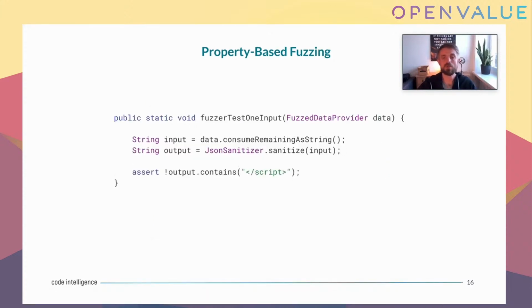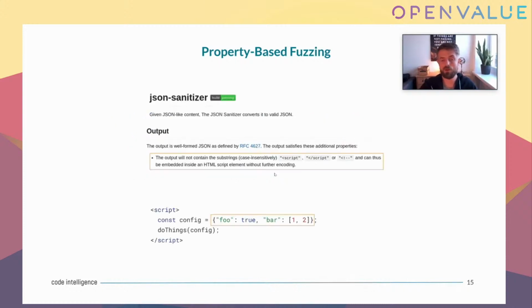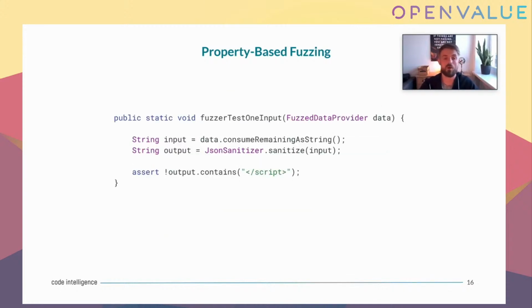We want to test that application because we know that we are not allowed to have something like an end script tag, because as soon as we have something like end script, the HTML parser would probably end the script, and you could inject something else.